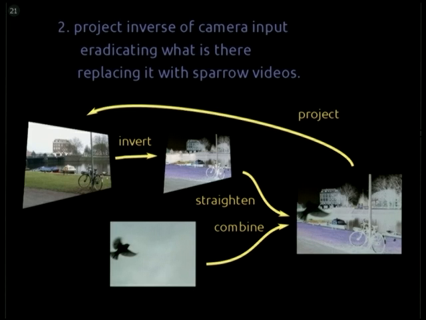So say it was looking at this Amsterdam scene, it would invert it and then project the inverted image onto what it's looking at in such a way that it cancels out what it sees, which would just make it grey or white, except it also puts on images or video of sparrows flying about.